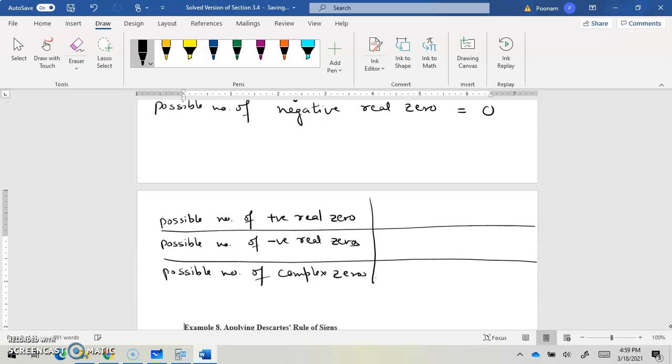So we said possible number of positive zeros is either 5 or 3 or 1. So if positive numbers are 5, negative real zeros possibility is only 0, right? So if there are total 5 positive real zeros, the complex numbers would be 0. If there are 3 positive real zeros, total number of zeros should be 5, right?